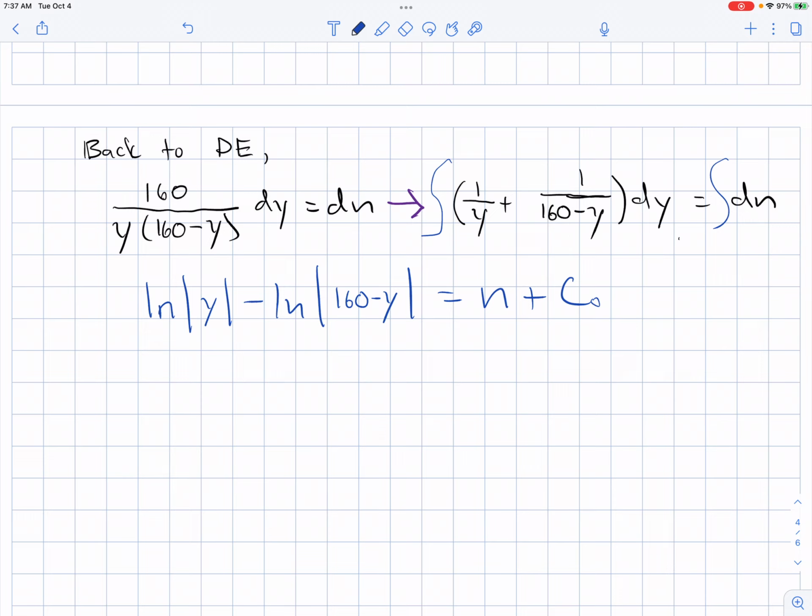And to do more on that, using log properties, we can just essentially write this as 1 log absolute value of y over 160 minus y being equal to n plus c sub 0.